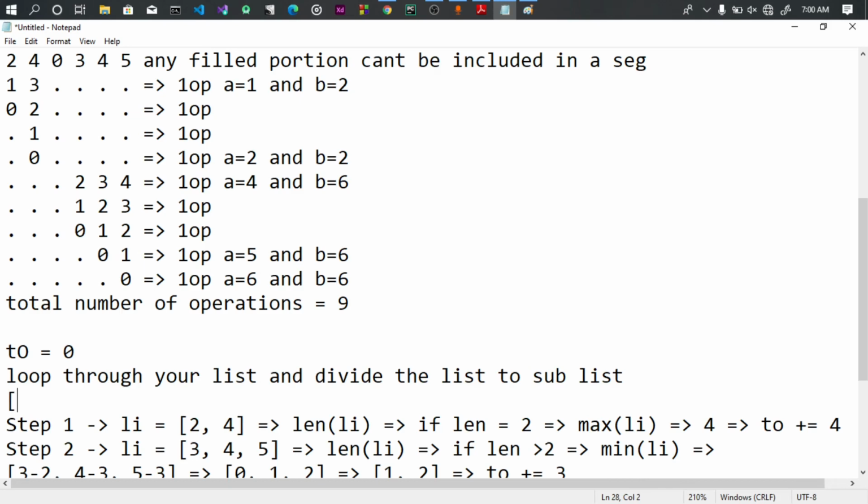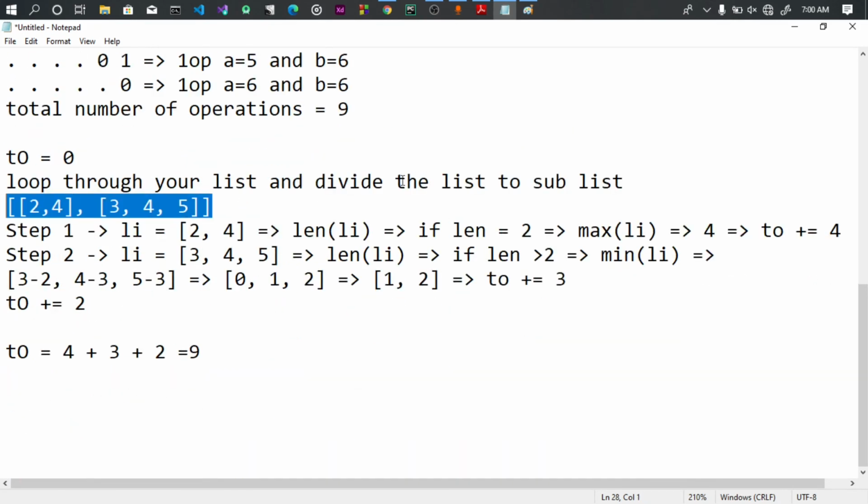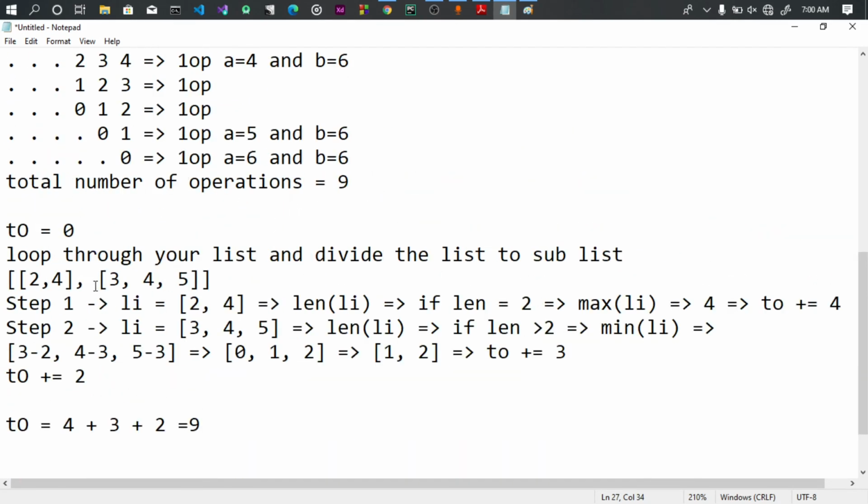So what our new list will look like would be something like 2, 4, and 3, 4, 5. So basically this is what our new list will look like when we have divided into sublists, and then we'll go through these steps for each list.